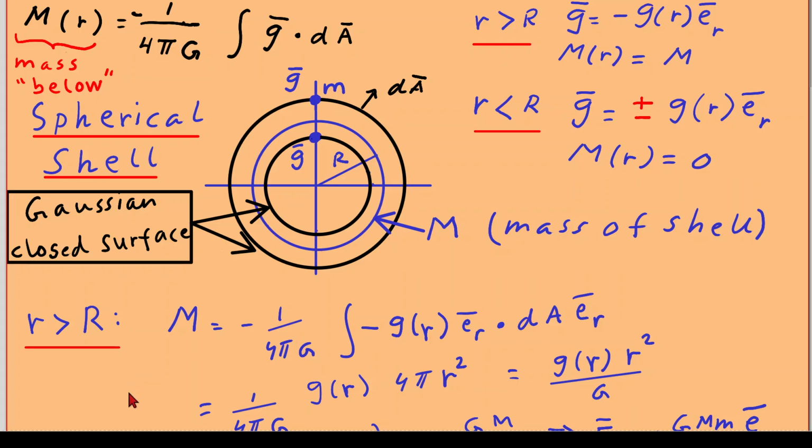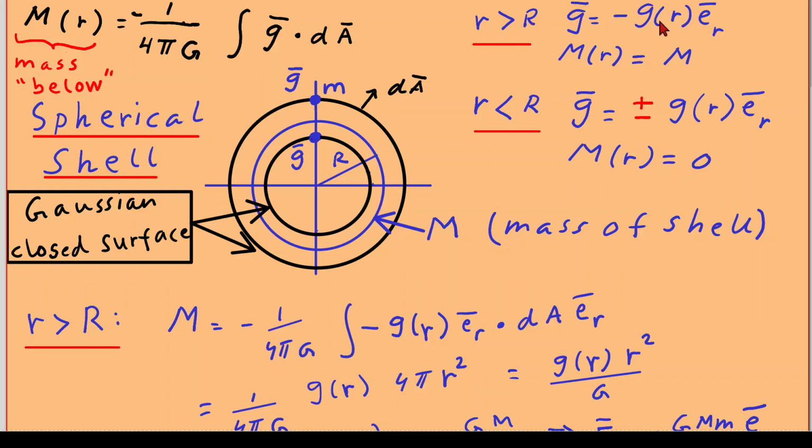So, let's use Gauss theorem for the enclosed mass. If the radial distance is greater, the external Gaussian shell, what mass is that enclosing? All the mass. So all the mass is capital M. And that should be equal to this integral. And what is the gravitational field for this case?